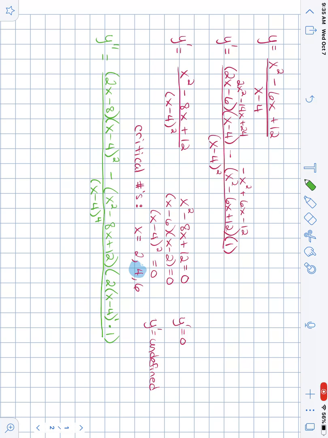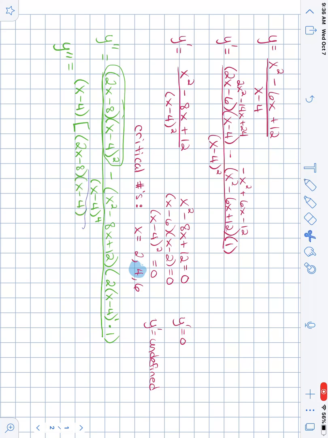But I don't really want to multiply the numerator all the way out. What I do notice, though, is that all of these terms have an x minus 4 in common. So if I factor an x minus 4 out of the numerator, what that leaves me with in this term is still a 2x minus 8, and I have 1 x minus 4 left over.